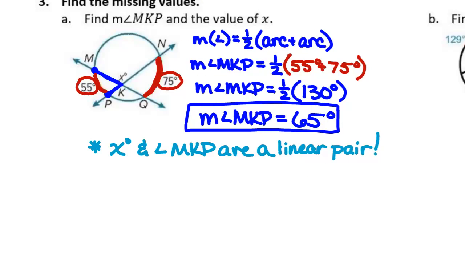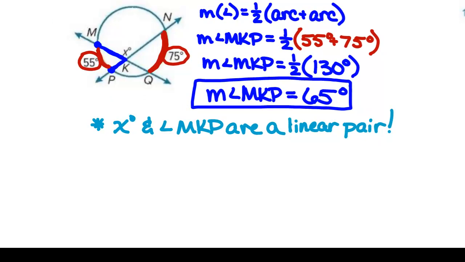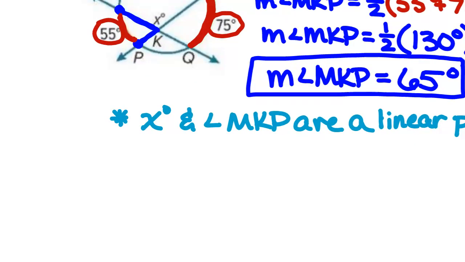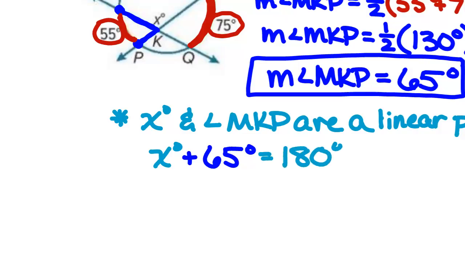They make a straight line. They add to 180. So x degrees plus 65 degrees equals 180 degrees because they're a linear pair.